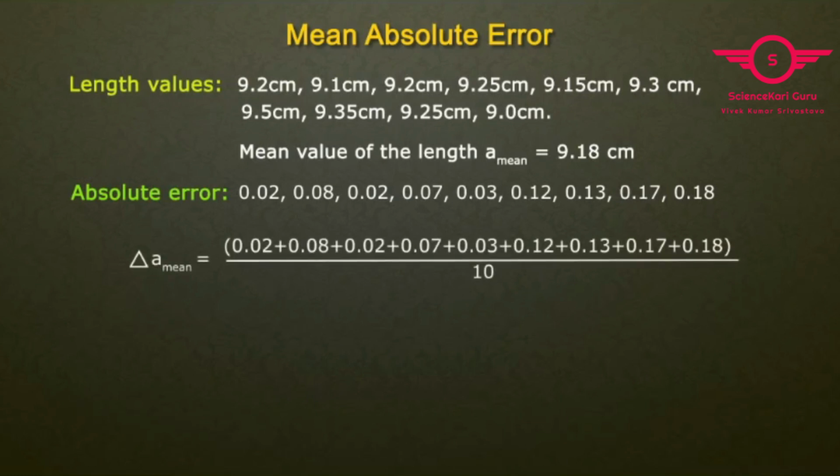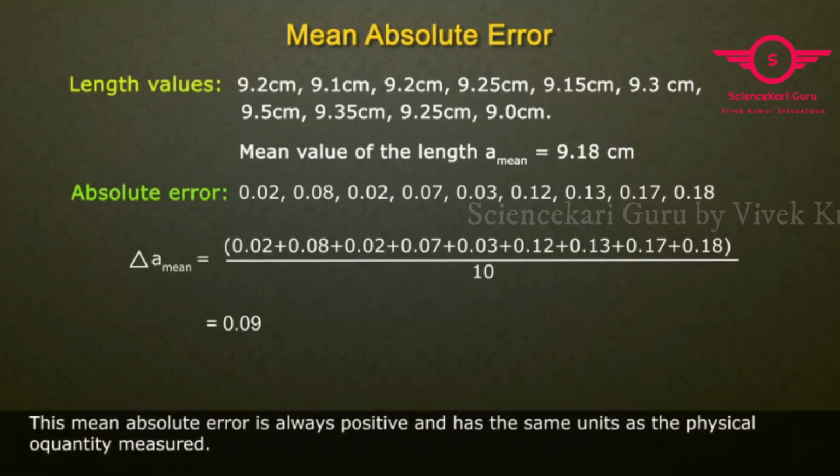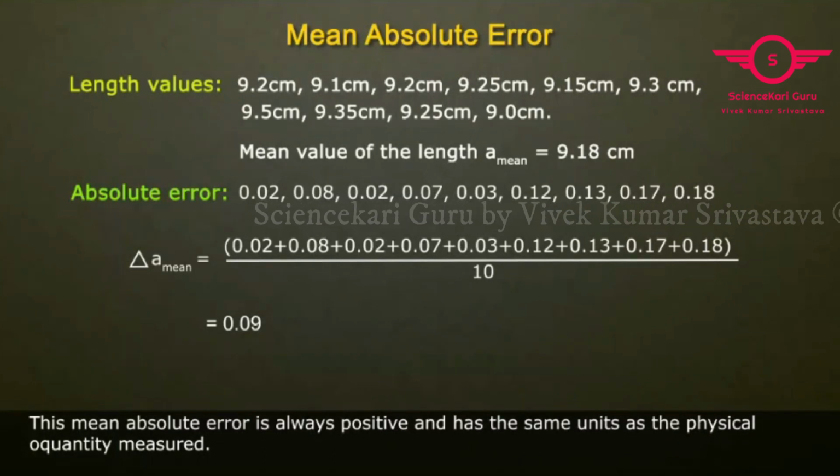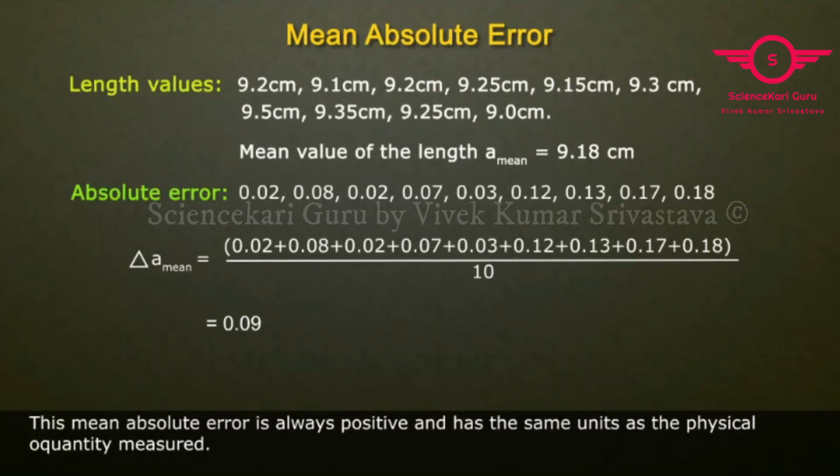Delta A mean is equal to 0.02 plus 0.08 plus 0.02 plus 0.07 plus 0.03 plus 0.12 plus 0.13 plus 0.17 plus 0.18, divided by 10, that is equal to 0.09. This mean absolute error is always positive and has the same units as the physical quantity measured.